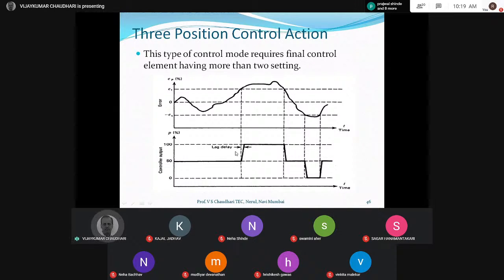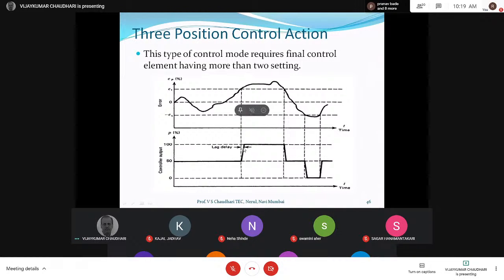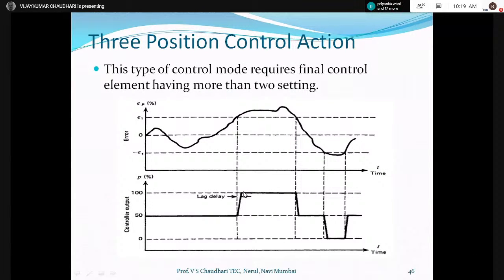There is process lag also, there is control lag also. You know, so due to control lag, the controller output changes slower than the instantaneous, sudden value, right? So at this point, as the error exceeds the neutral zone, it is greater than the neutral zone, above the neutral zone.